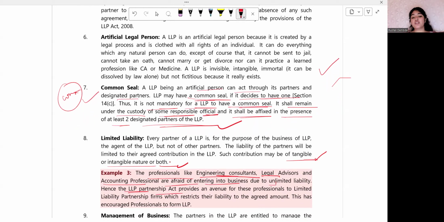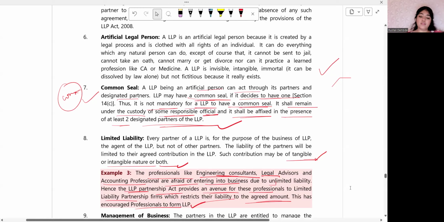Hence, the LLP Act provides an avenue for these professionals to form limited liability partnership firms, which restrict their liability to the agreed amount. This has encouraged professionals to form LLPs. As I explained earlier, people are scared to enter into partnership because their liability is unlimited. Now these professionals can all enter into LLP because their liability is limited.